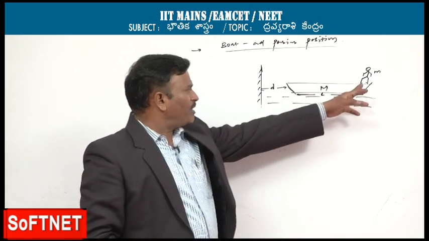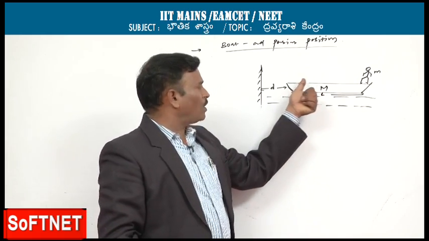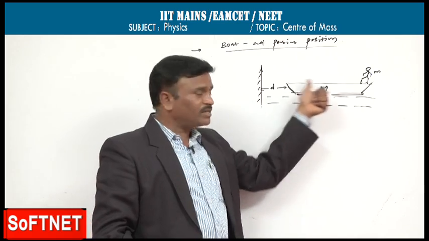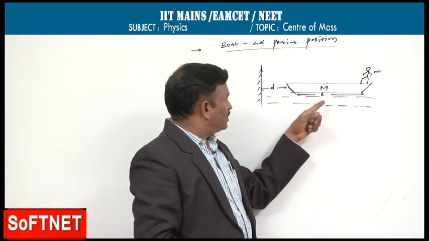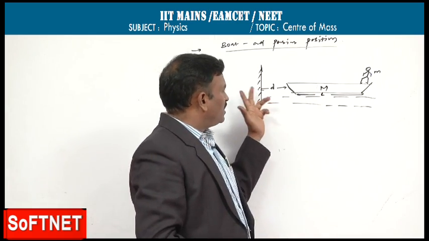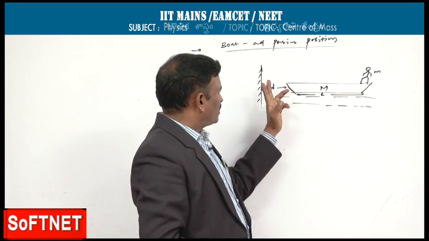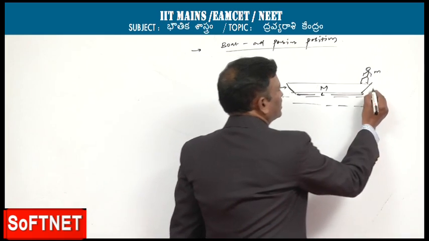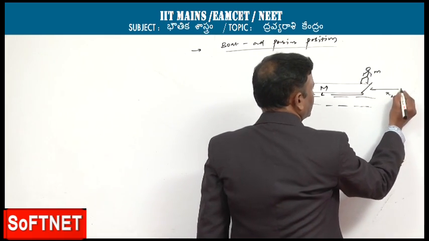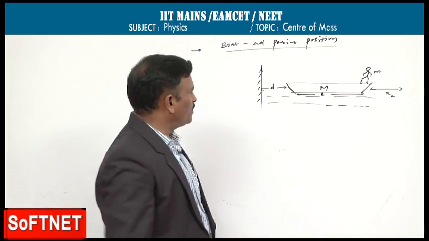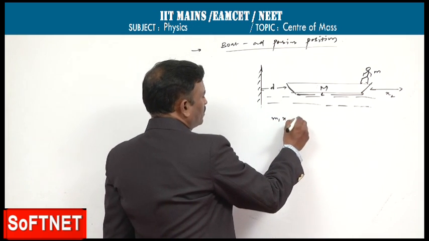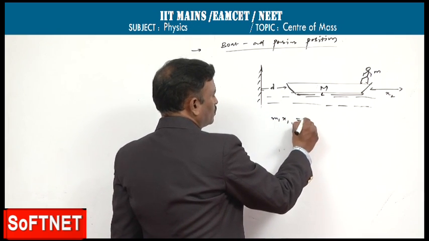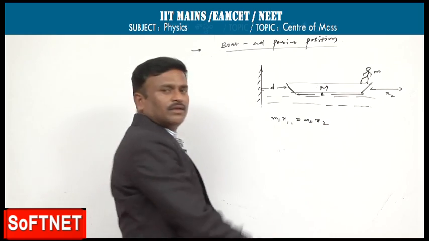As the person moves from one end of the boat to the other end towards the shore, obviously the momentum will be back, and the boat will move back. To what distance it can move, we want to find out. That is x2. The principle is m1 x1 is equal to m2 x2.